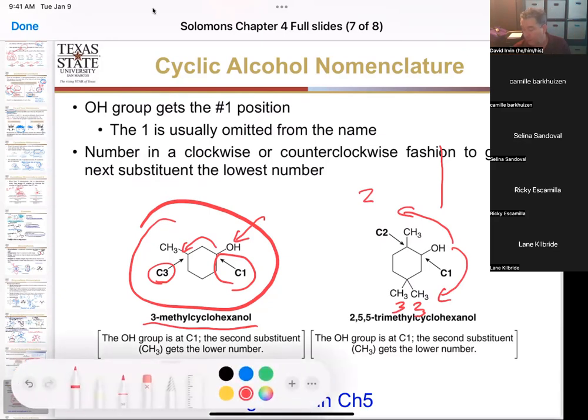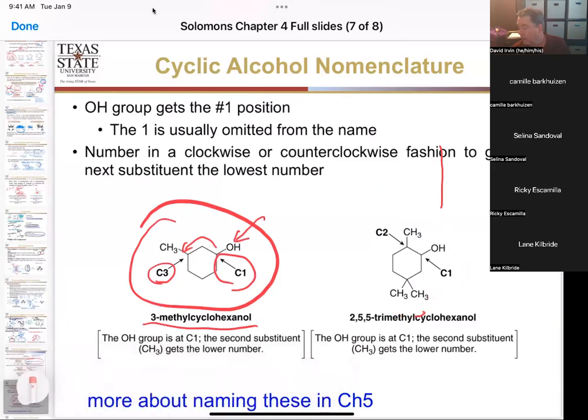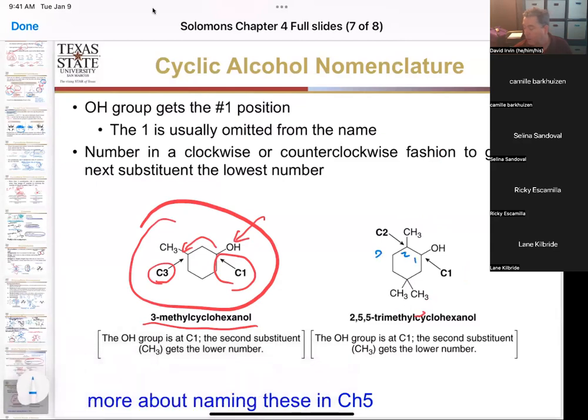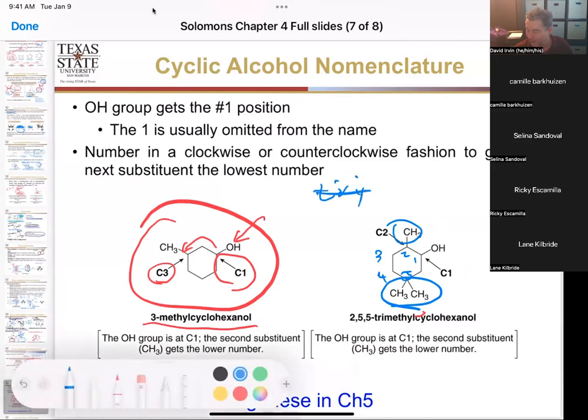All right, so in that case here, even though we have a total of 3 substituents here, we still have to follow that lowest one. And we have 1, 2, 3, 4, and 5. Now we have 2 methyl groups here, and we have 1 methyl group here, which means we get to use tri.